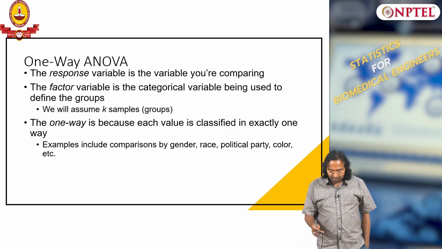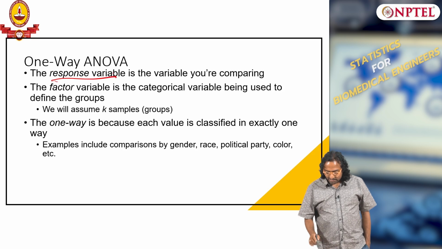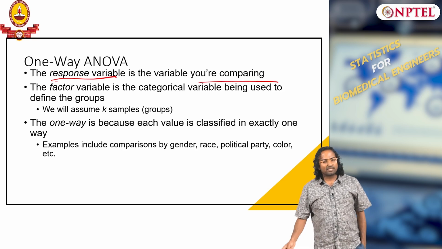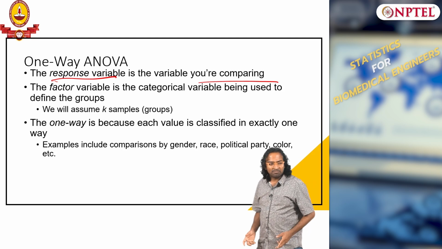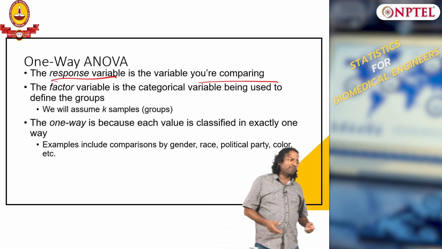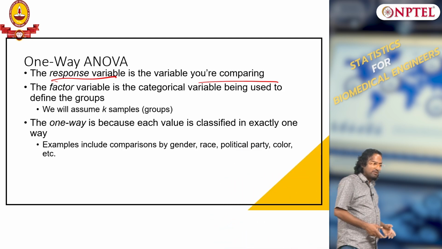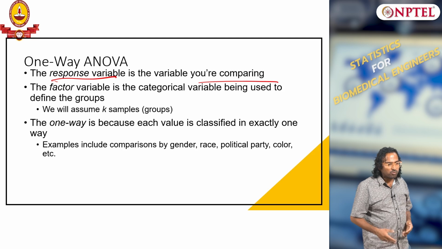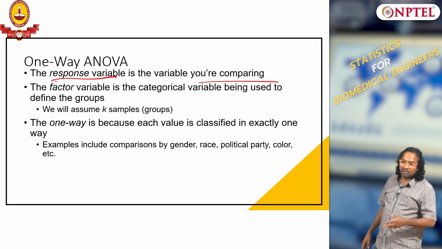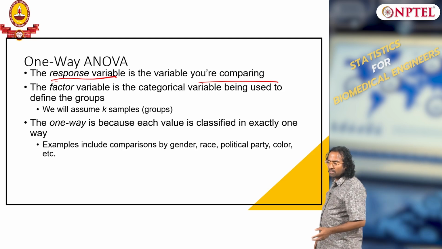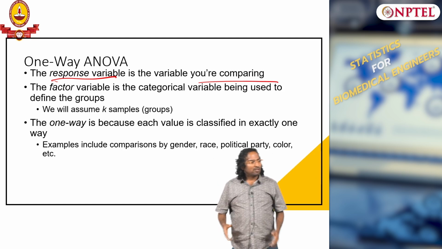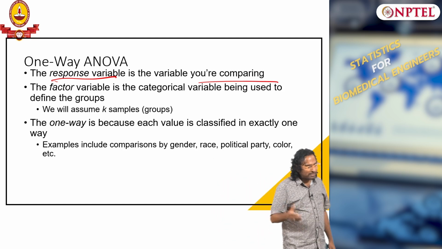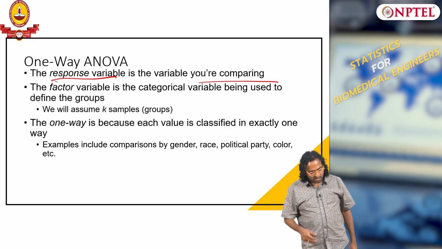The response variable is the variable you are comparing. Typically it is your outcome, and the mean of the response variable is what you are comparing. So the effect of treatment as the outcome is y, and you want to test whether all the mu y's are the same, right. So mu y1, mu y2, mu y3.